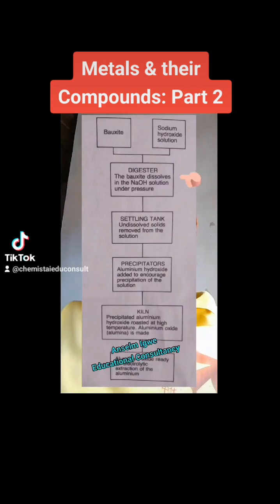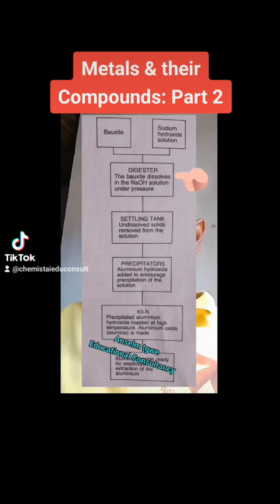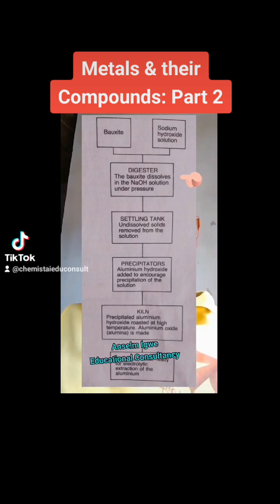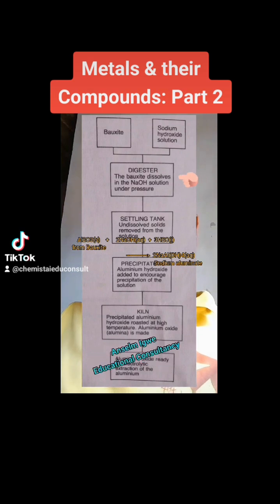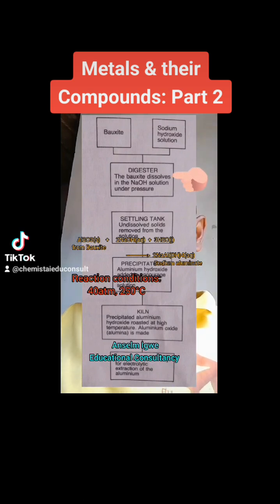So in the first step, bauxite is placed inside a digester where it is mixed with alkalis. You know, chemically, alumina is an amphoteric oxide, so it can dissolve in alkalis, and also inside the digester, the alumina part of the bauxite dissolves in sodium hydroxide, which is alkalis.